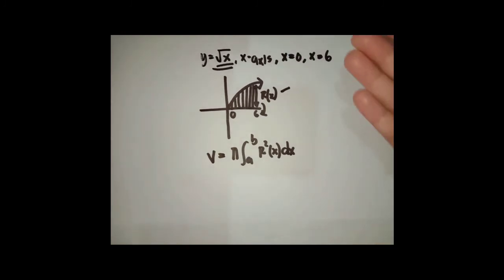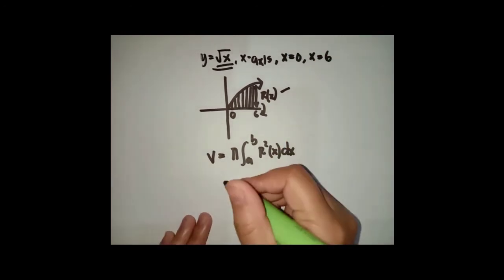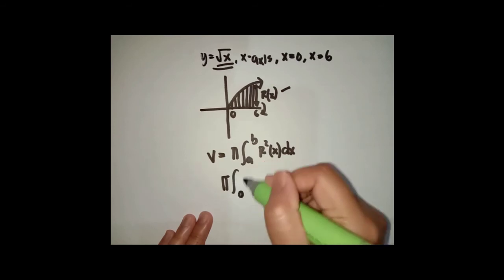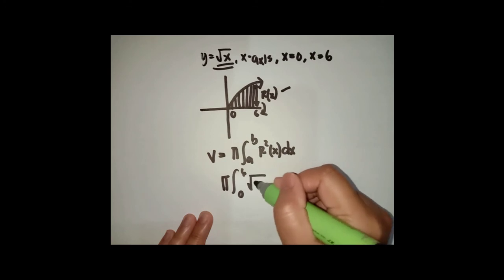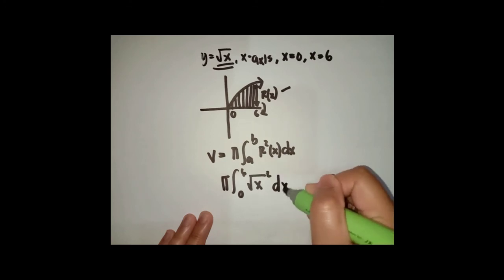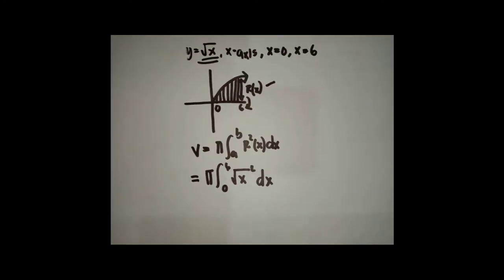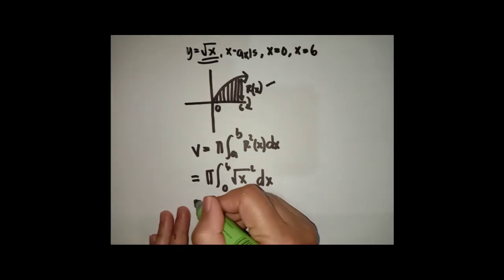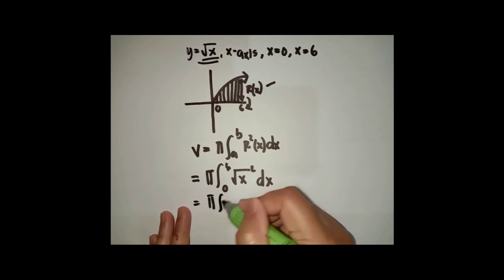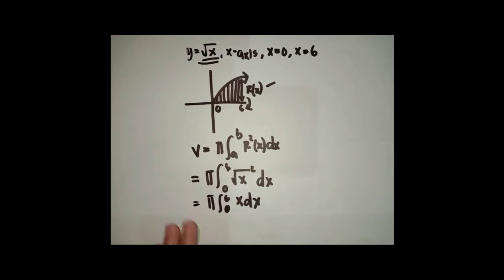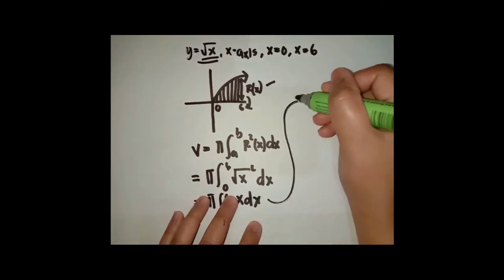Then substitute values: pi, the integral from 0 to 6, of the square root of x squared dx. The square root of x squared is basically x. Let's integrate this function.